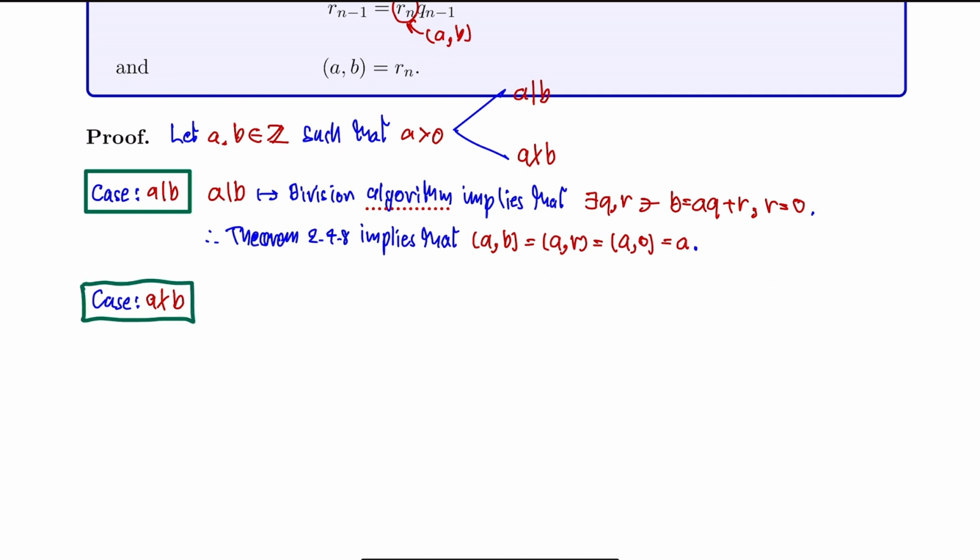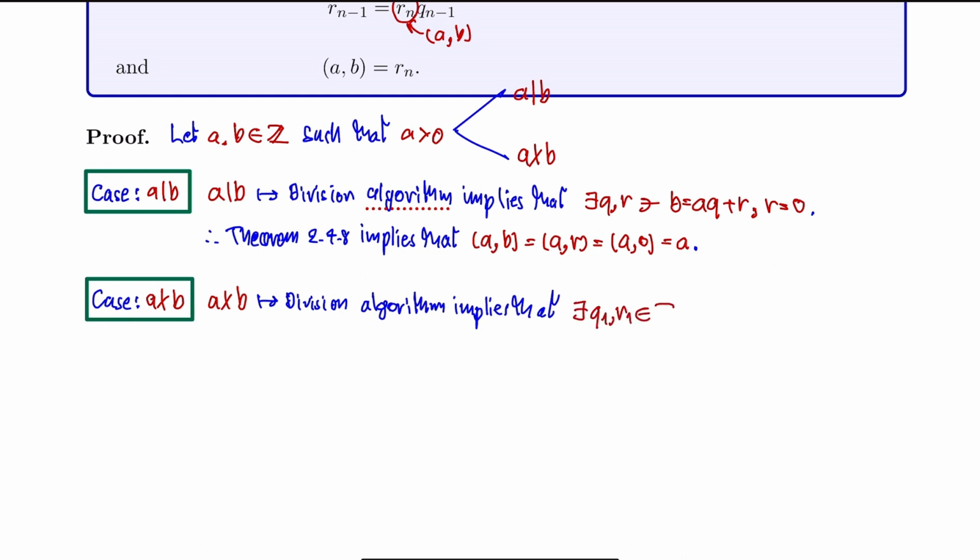When A does not divide B, the division algorithm implies that there exist integers Q1, R1 such that B equals A Q1 plus R1, where R1 is greater than 0 and less than A, which is the divisor.